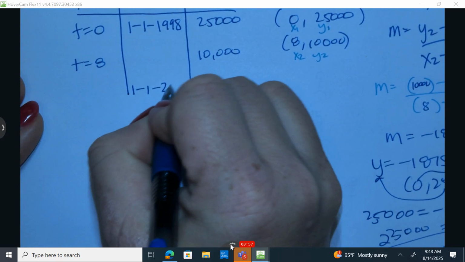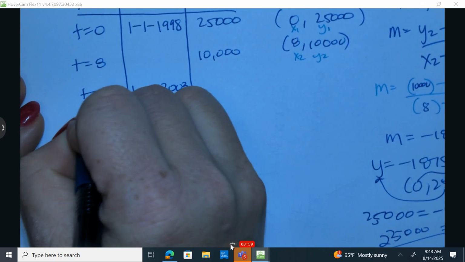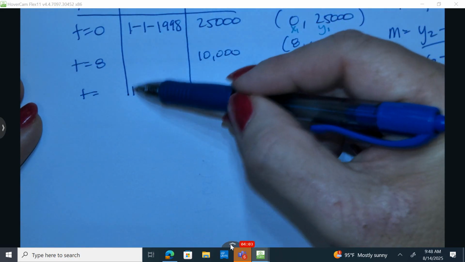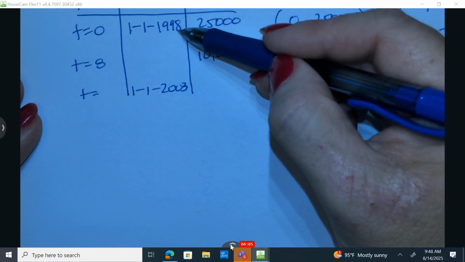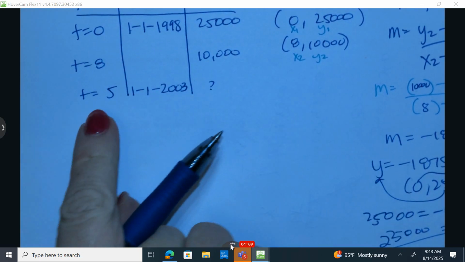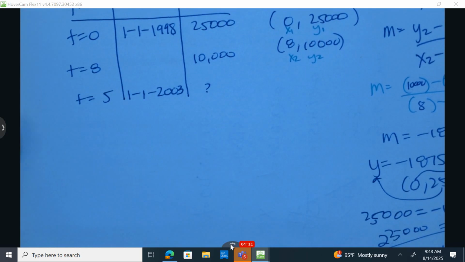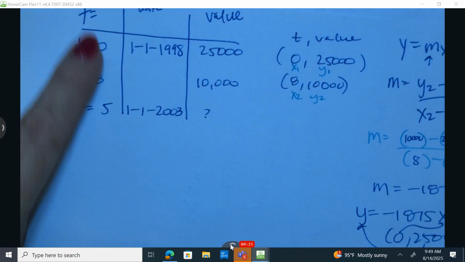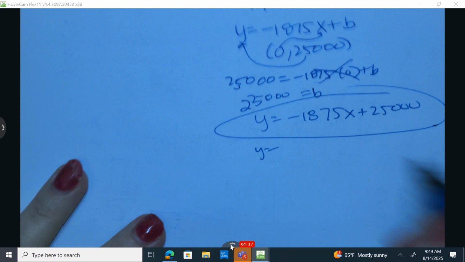Okay, hold on. January 1st, 2003. How do I identify the T? Well, we can see it's exactly January 1st. That makes life easy, and it's gone 5 years past that. I want to know what is the value when T is 5. I take this equation, and for the x value, I'm substituting in 5.